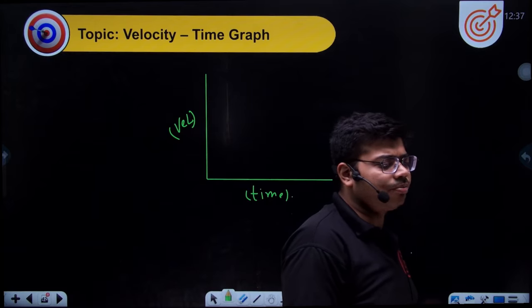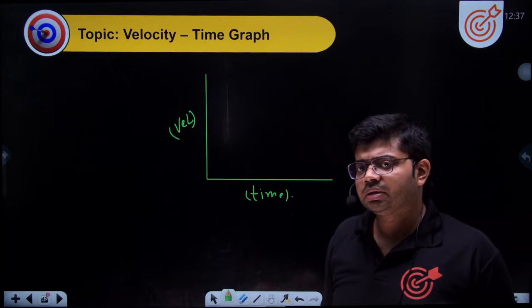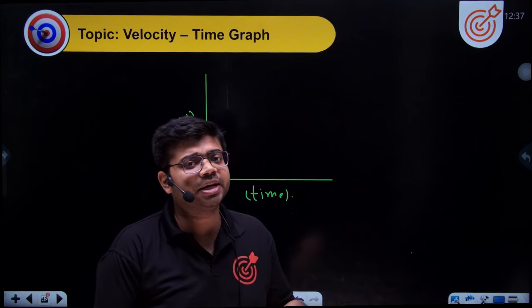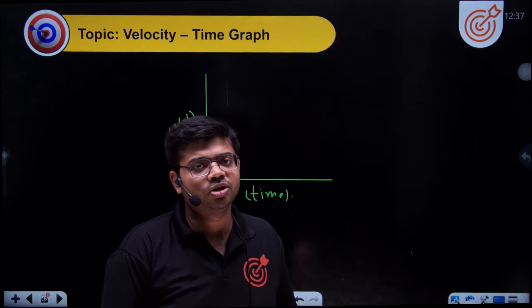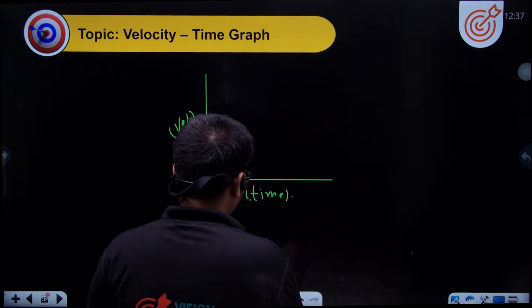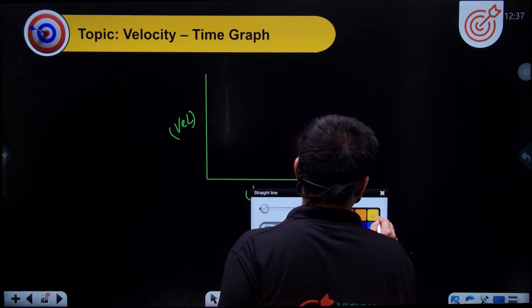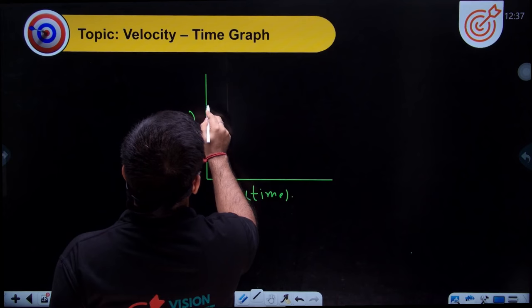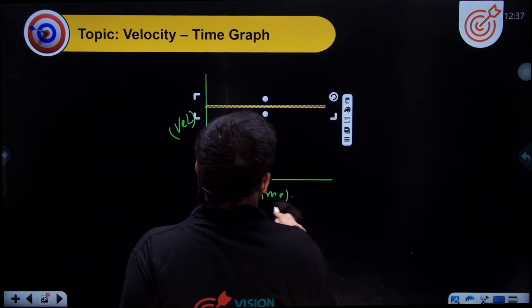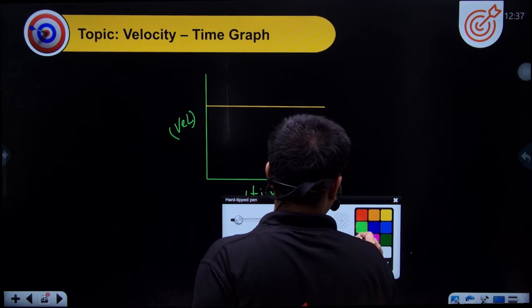It means that the body is definitely moving but at a constant rate. It is moving at a constant velocity. So neither its speed is changing nor its direction is changing. So we will call it a body moving with a constant velocity. And how am I going to plot it? This is going to be parallel to the time axis, right.